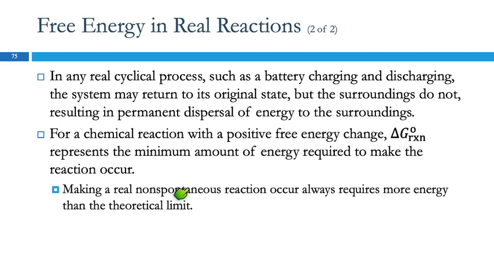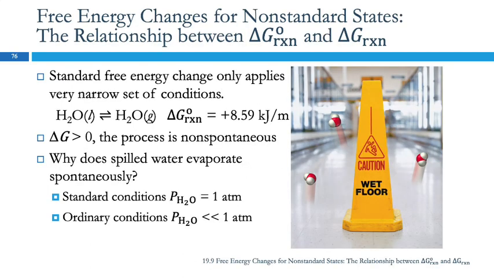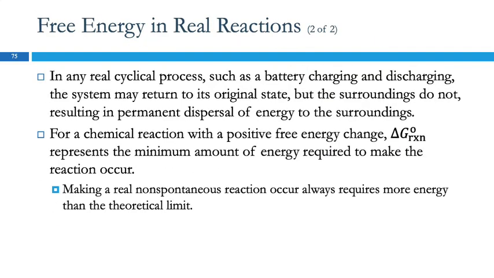So in that instance, delta G is the minimum amount of energy needed to make that reaction occur, but you're always going to need more than that to make a real reaction occur. So that's what's sometimes known as the heat tax, right? You can't win, you can't even break even. Any questions?